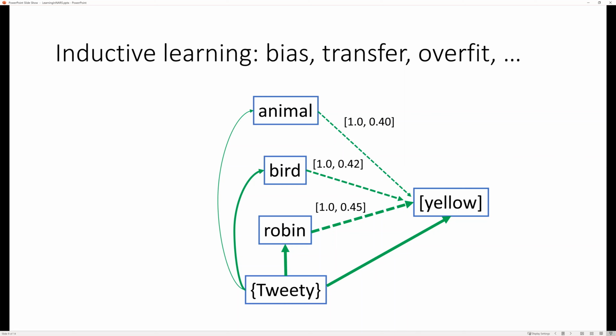We know NARS does dynamic resource allocation based on the current attention. So in reality, it's possible that it will only produce this one, or only produce this one. But in principle, if we only think about the logic part, it will produce all of them, just because all of them are equally justified by this piece of evidence.